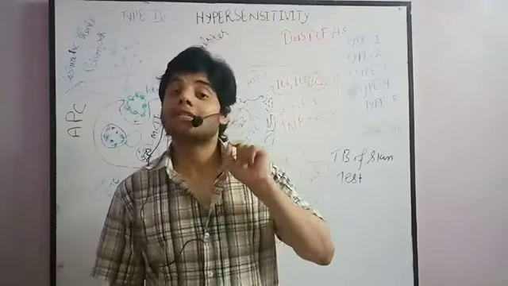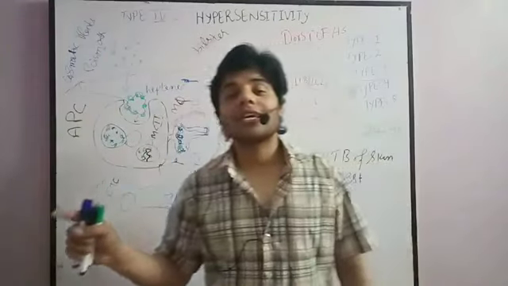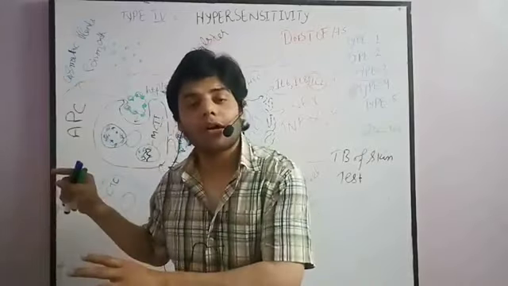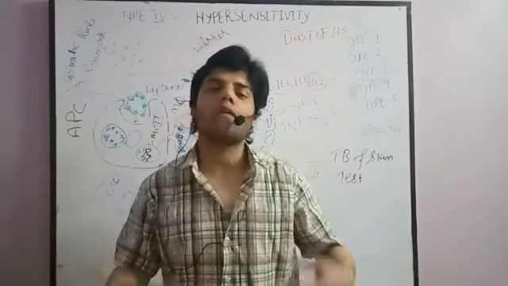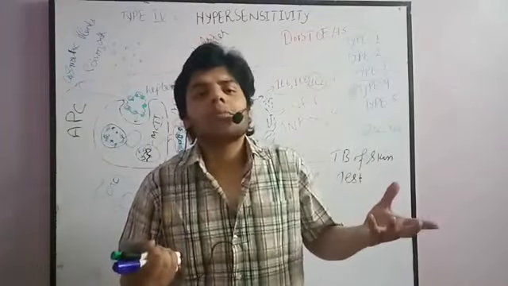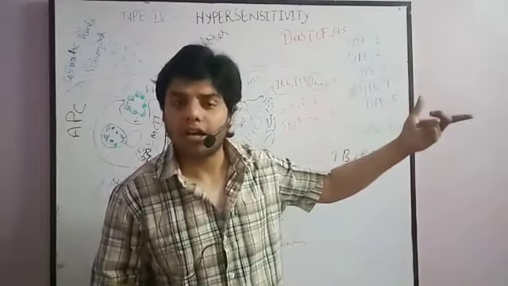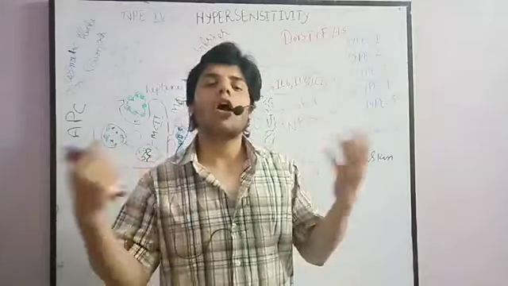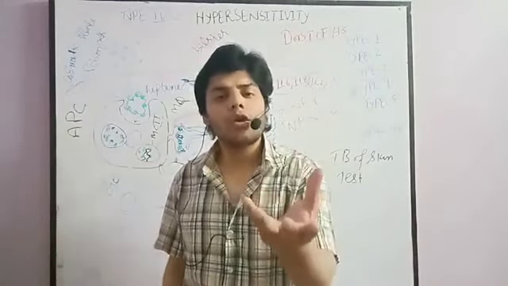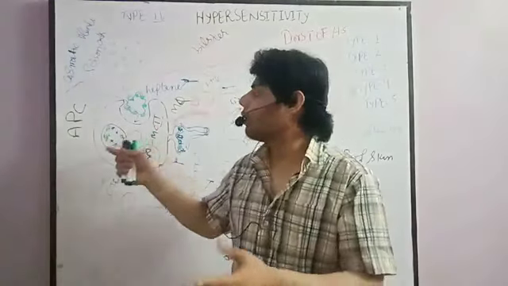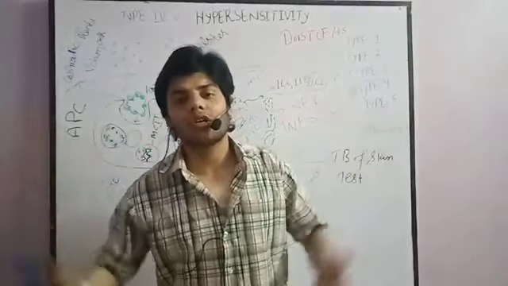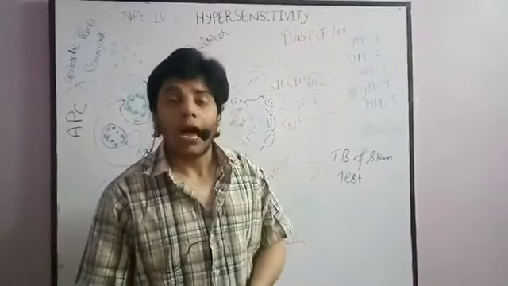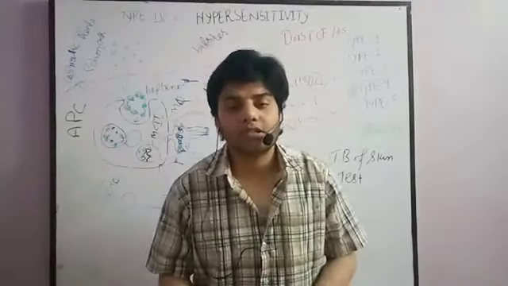And again, it doesn't mean that if this hypersensitivity is involved in my body, it is involved in other bodies as well. No, in 100 individuals, maybe 10 individuals will activate such type 4 hypersensitivity. I hope you understand type 4 hypersensitivity.